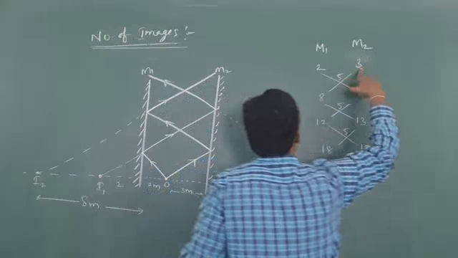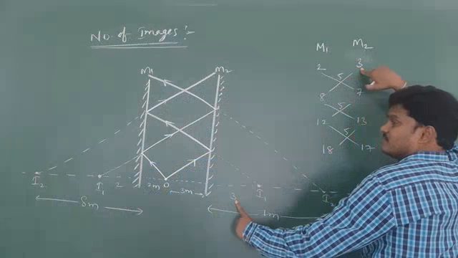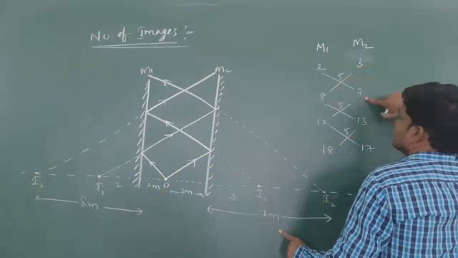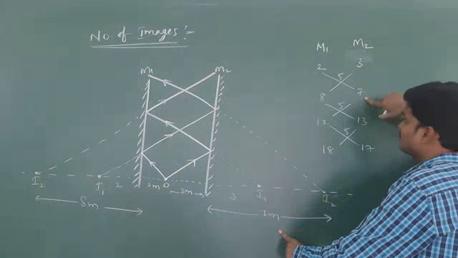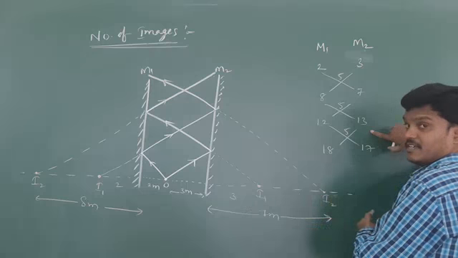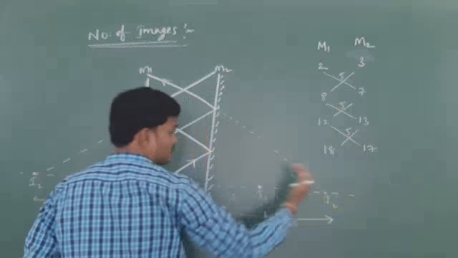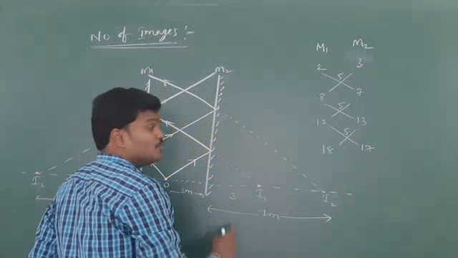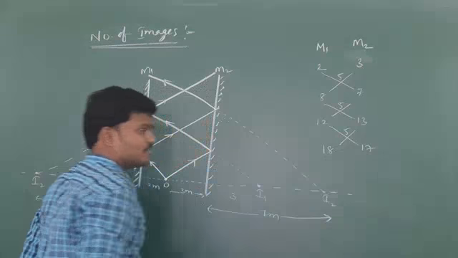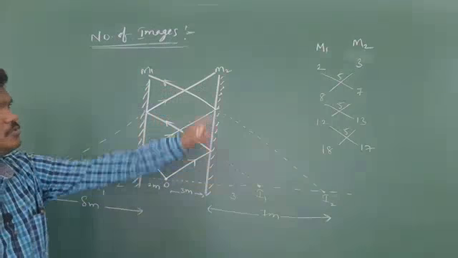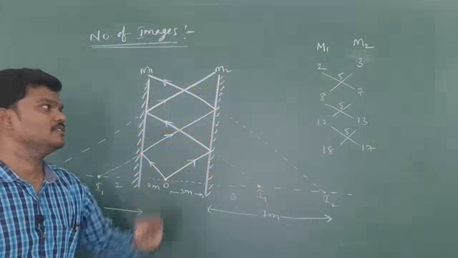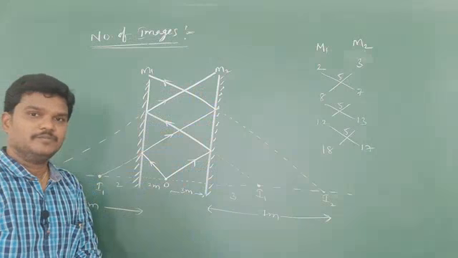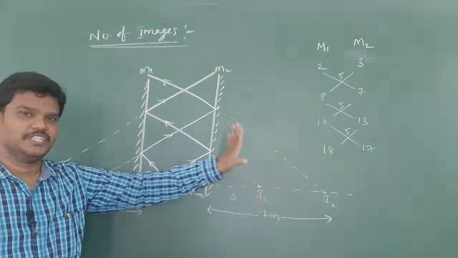This is the distance of the first image from the second mirror, and the distance of the second image from the second mirror. Next the third image is possible at a distance of 13 meter. The fourth image is possible at a distance of 17 meter. So if you follow this logic, it will work for plane mirrors if they are parallel to each other.